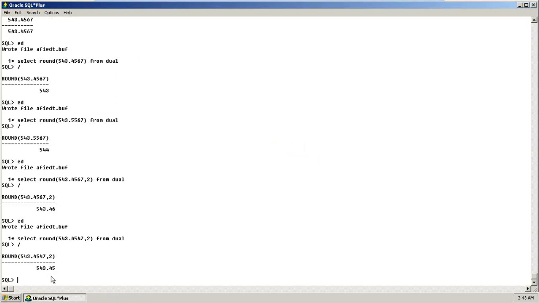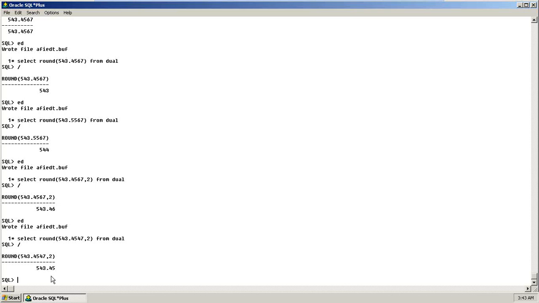So it depends on the 50% criteria: whatever value you are eliminating, is it less than 50% or more than 50%? Based on that criteria, it gives either the previous value or the next value. This is what round does.